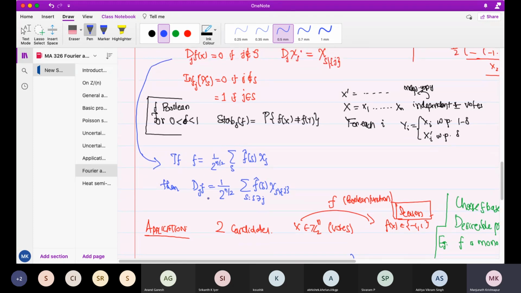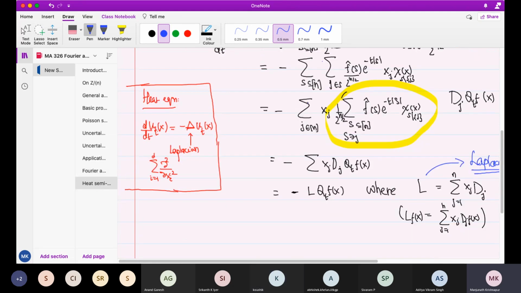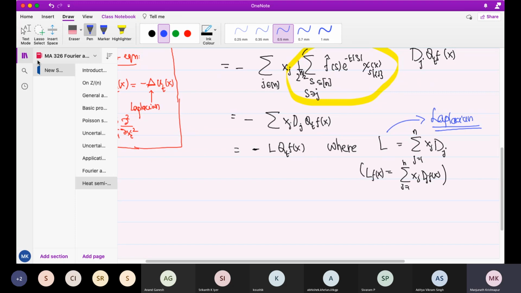This is how DJ acts on a function: all those s which contain j get differentiated, and the rest become 0. Is this okay? So the sum over s containing j of f hat of s are the Fourier coefficients of Q_T f. Therefore, this is DJ Q_T of f. Any other questions?